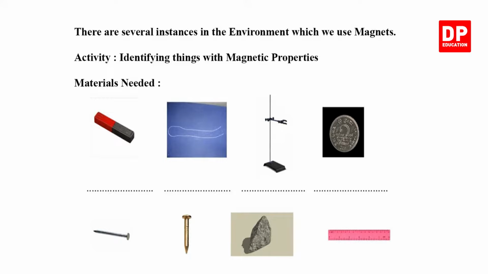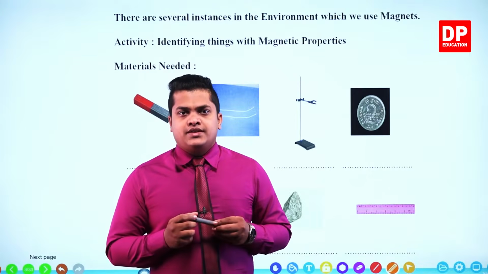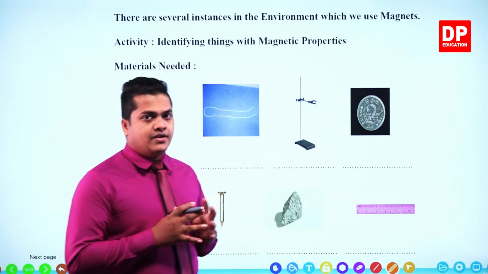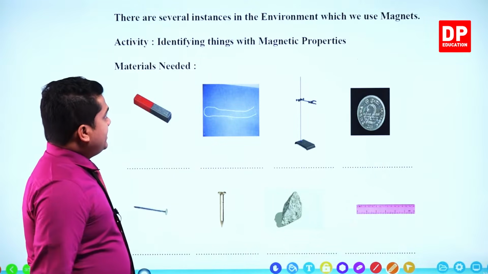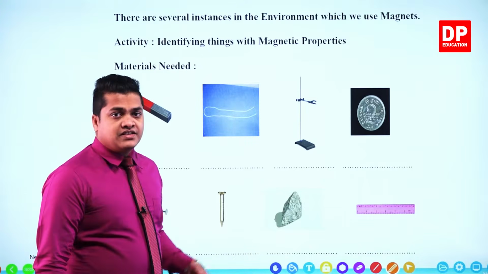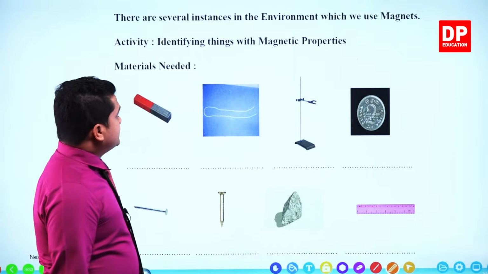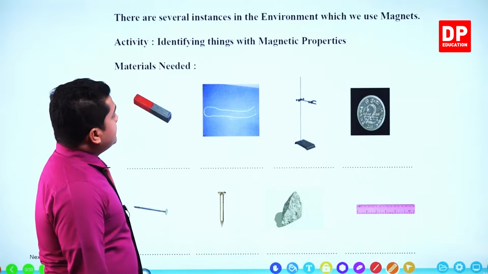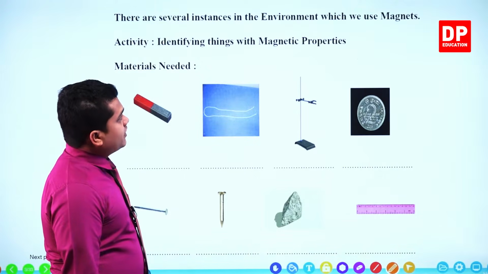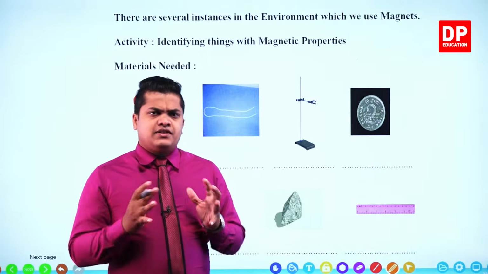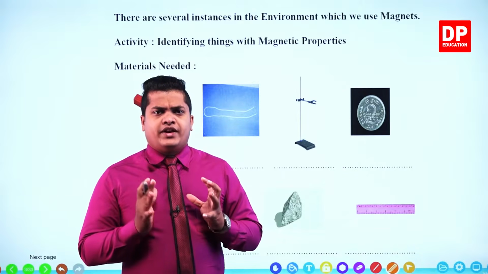To identify the things in magnetic poles, we'll be conducting a simple activity. So this is our activity, and here we'll be needing these types of materials. First, you are given a simple point here. There are several instances in the environment where we use magnets, in our day-to-day life.